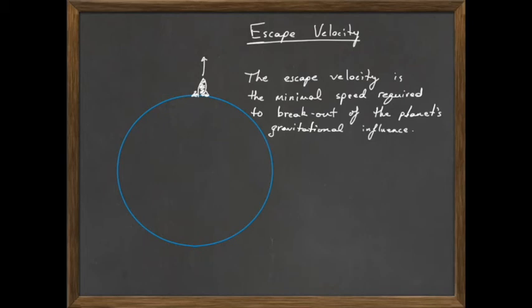Okay, so to do this, we're going to use conservation of energy. You remember conservation of energy, it's the sum of the kinetic and potentials, both before and after. Now when we do this, the important thing is to understand what's going on on the after side. Because if we're moving out far enough for gravity to lose influence, that means the potential energy is disappearing.